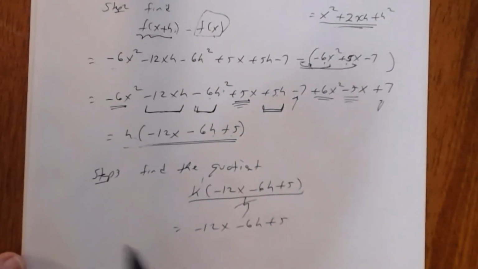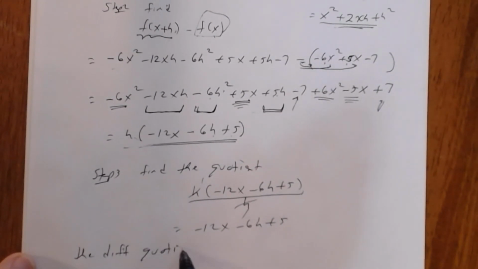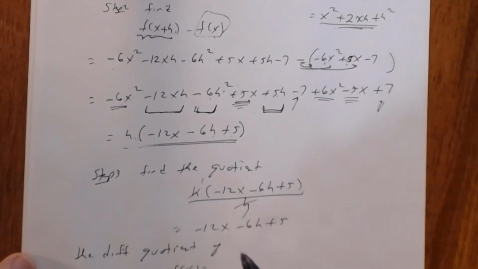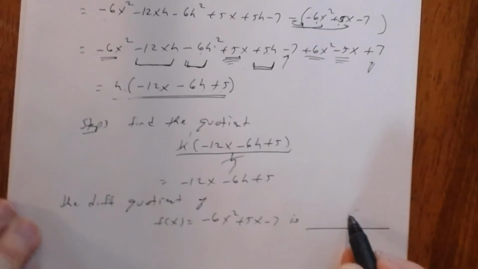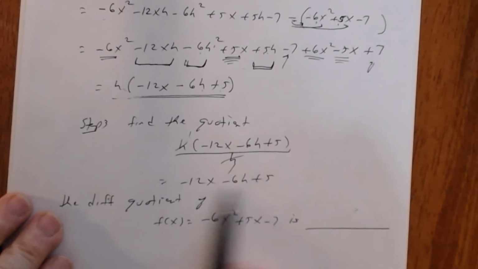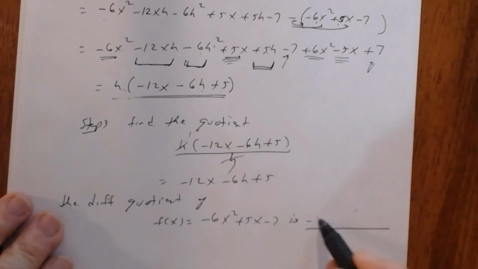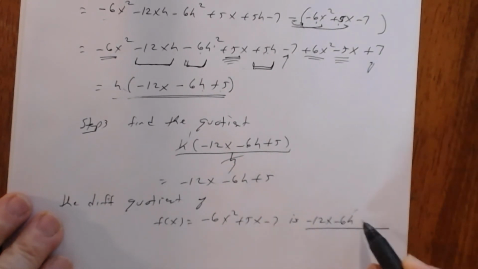And so you're going to say the difference quotient of my function f of x, which is negative 6x squared plus 5x minus 7, is blank. And in the blank you write this, negative 12x minus 6h plus 5.